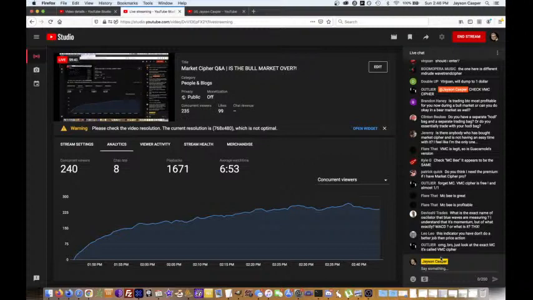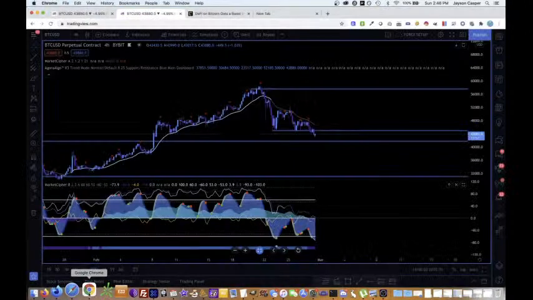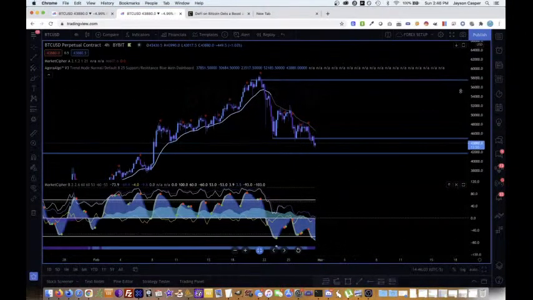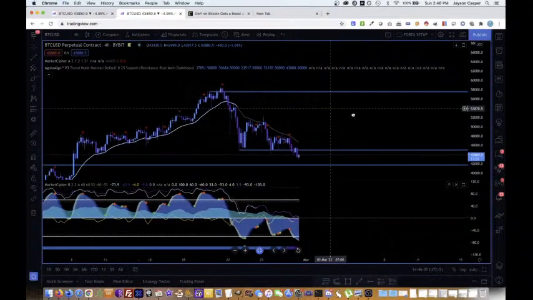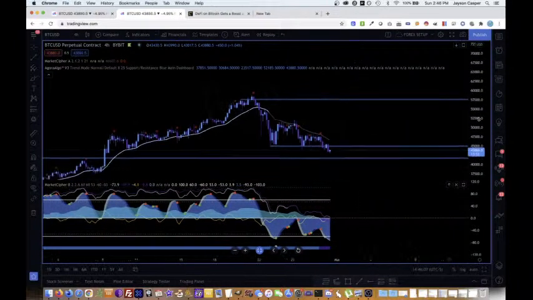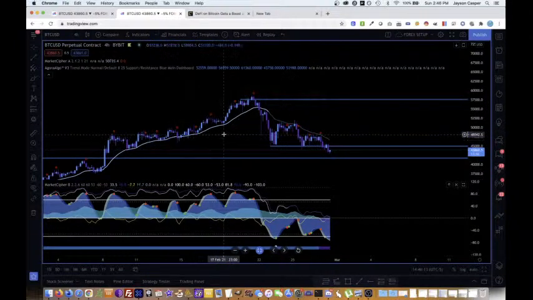Leo wants to know, he says this indicator you have doesn't do a better job than price action. Leo, for somebody who's extremely well versed in technical analysis, you are correct. But for me, I have found that this has been a game changer because it basically gives you confirmation that the price action is doing what you think it's doing, or it's not doing what you think it's doing.